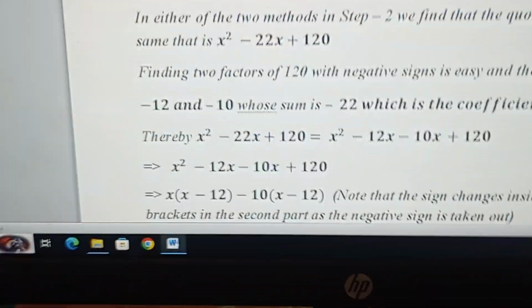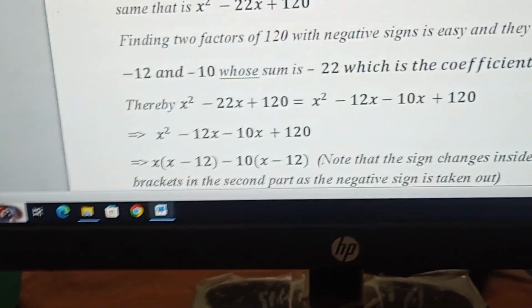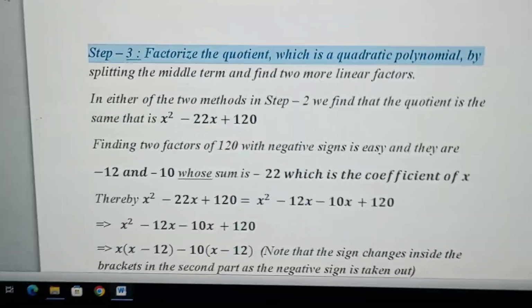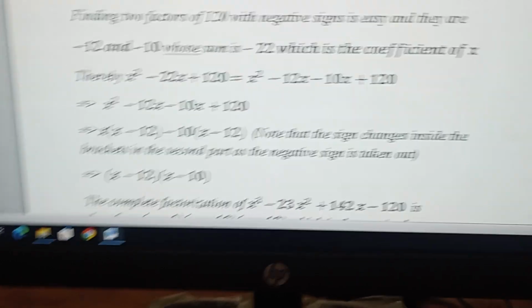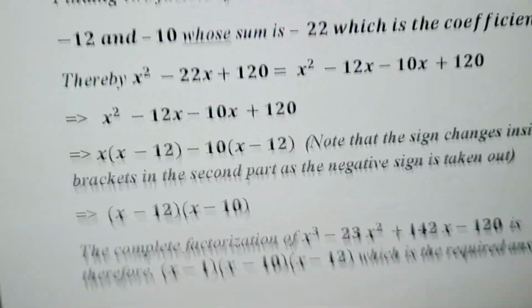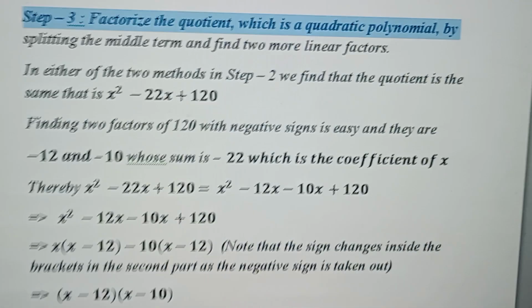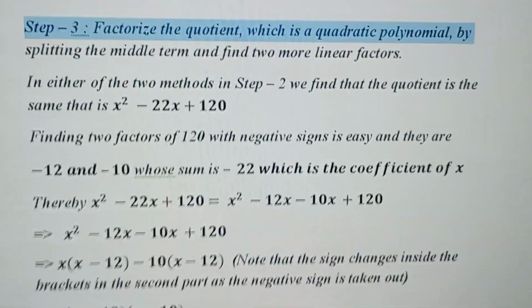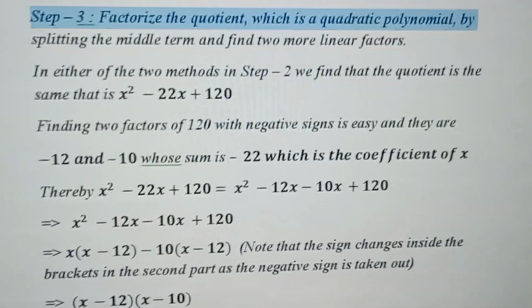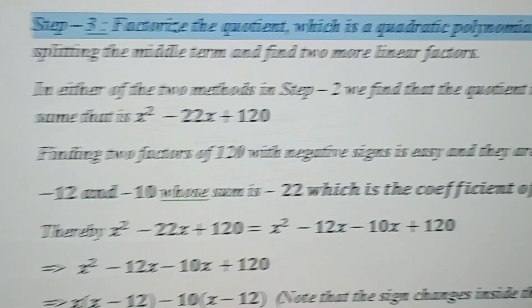Now the next step is here. This is the last step. This final step is the most important step here, where we have to factorize the quotient, which is a quadratic polynomial, by splitting the middle term and find 2 more linear factors.